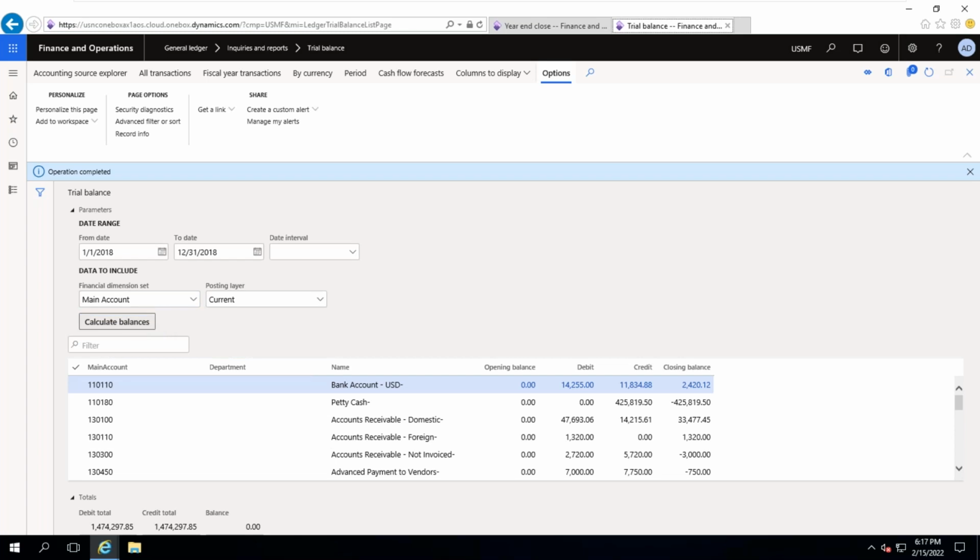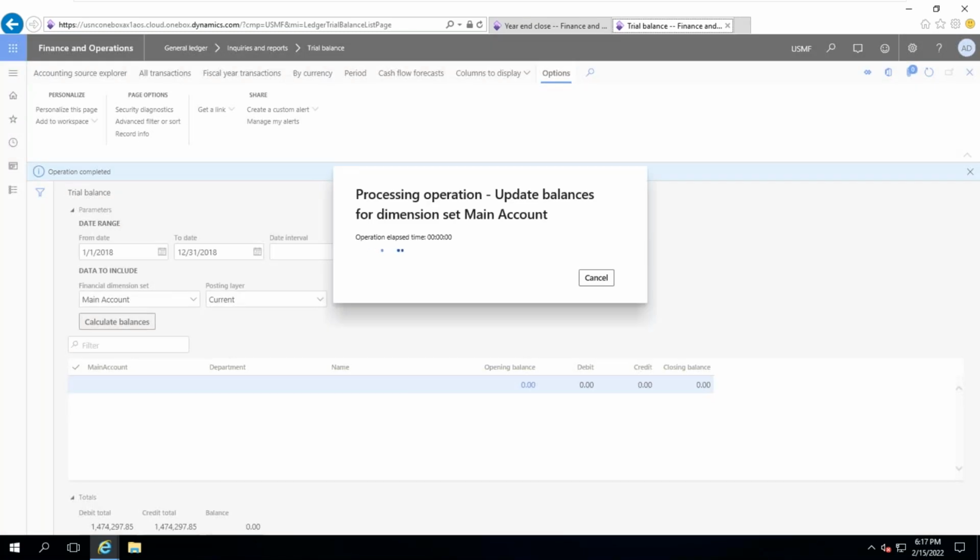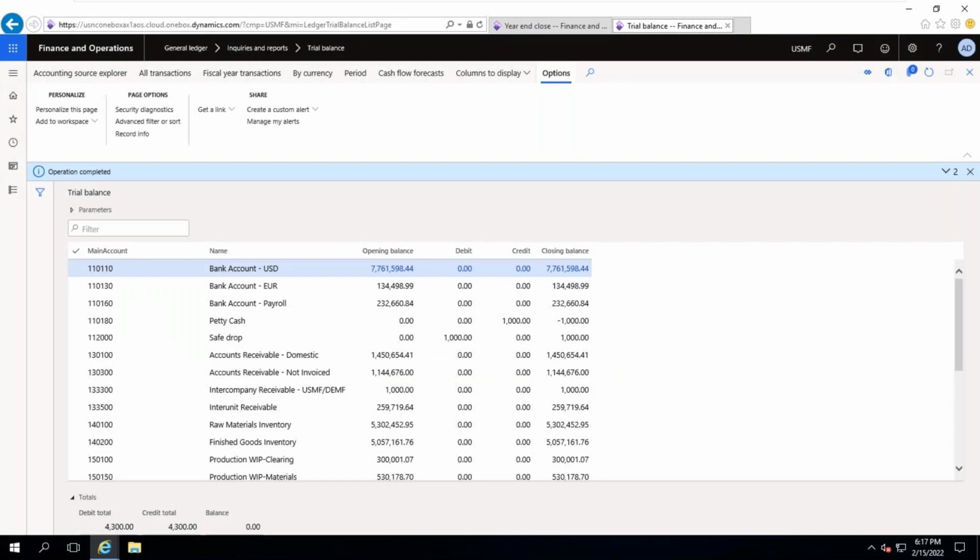Calculate balances. Okay, here opening balances are there and closing balances are there and some transactions exist.